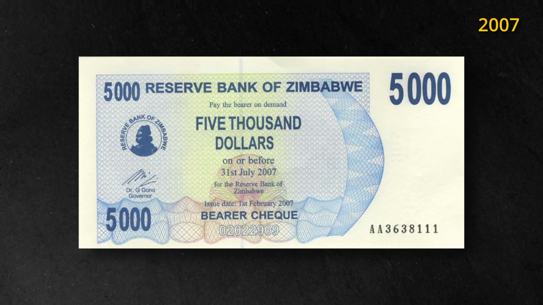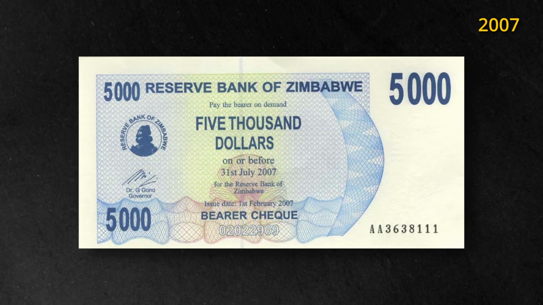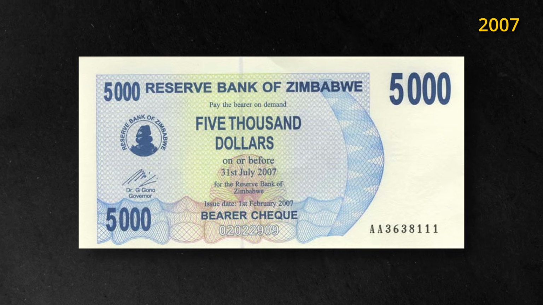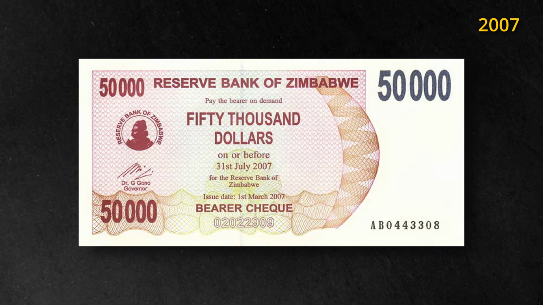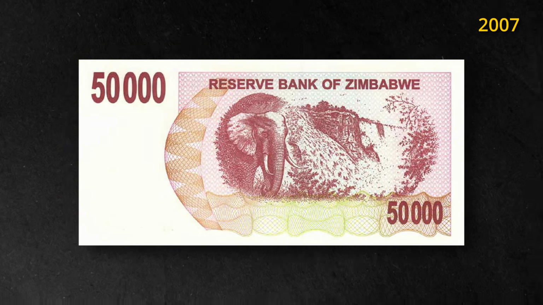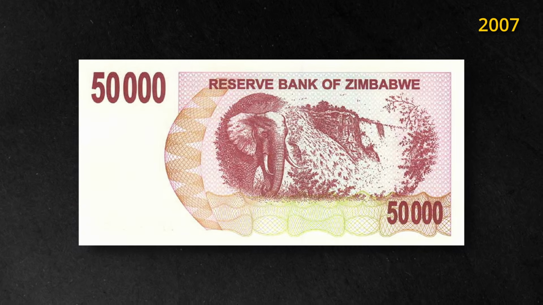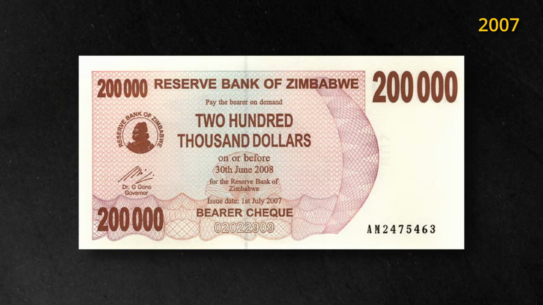The 2007 bearer check series was first issued on the 2nd of March 2007, with the introduction of the 5,000 and 50,000 checks to act as intermediary denominations between the 1,000 and the $10,000 and the $100,000 checks respectively. Now, as inflation intensified, the $200,000 bearer check was also introduced on the 1st of August 2007.